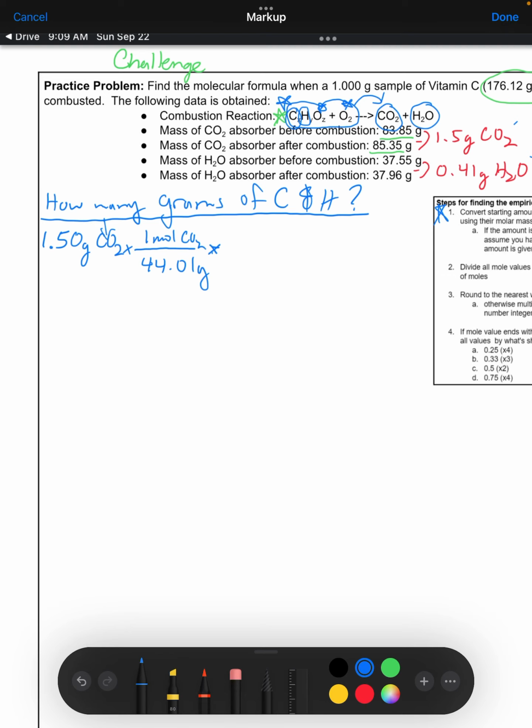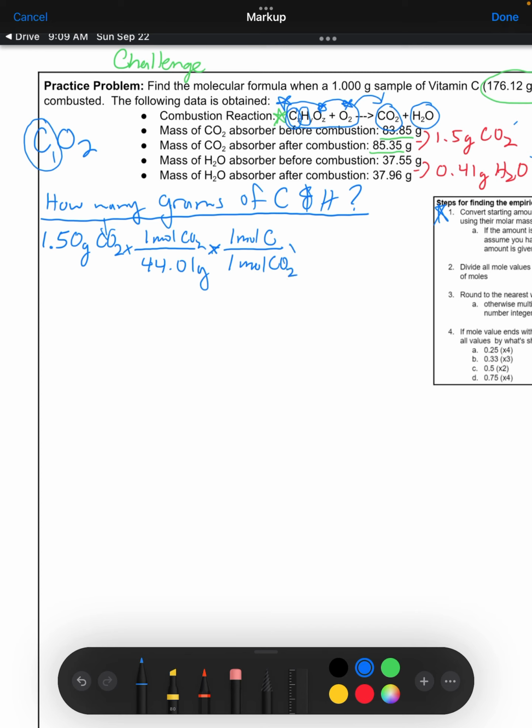What I also know about carbon dioxide is that there is 1 mole of carbon in every mole of carbon dioxide because there's only 1 carbon in that molecule. So really, by converting my 1.50 grams of carbon dioxide into moles of it, I am also going to end up converting into moles of carbon, because for every 1 mole of carbon dioxide, there is 1 mole of carbon that comes out of that.